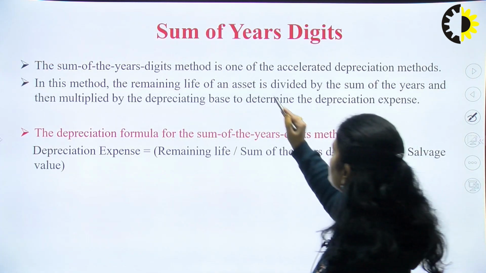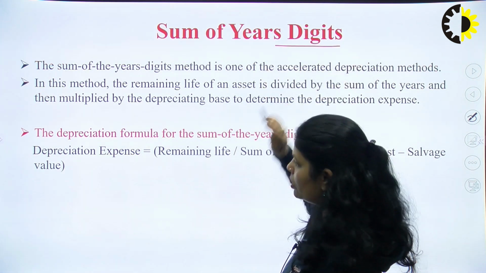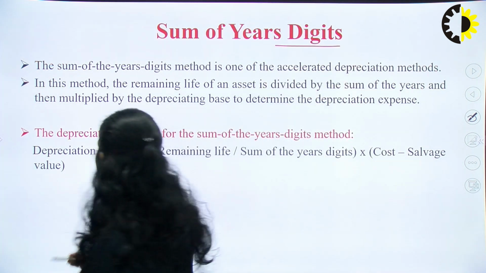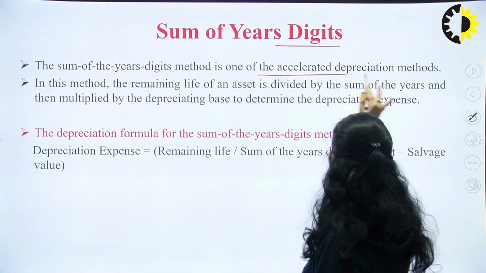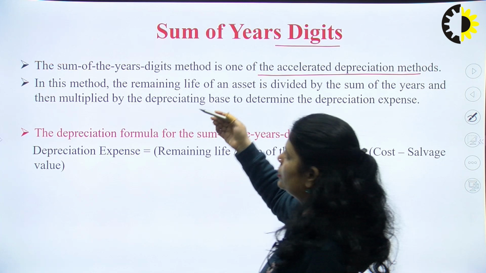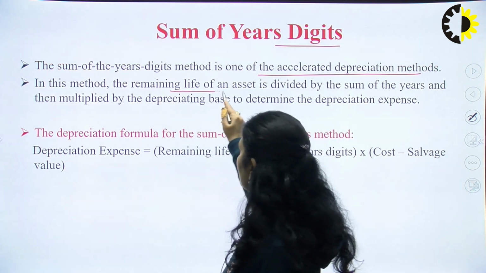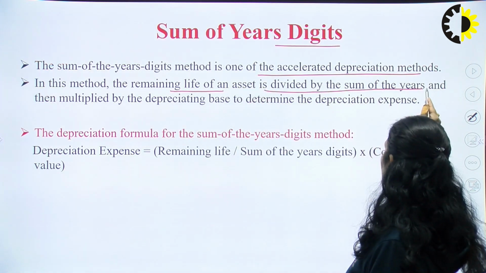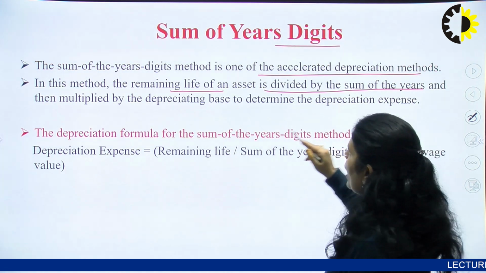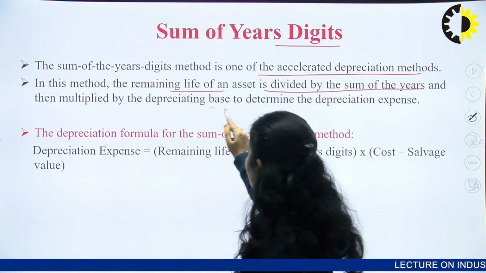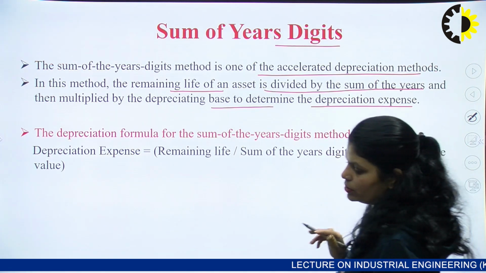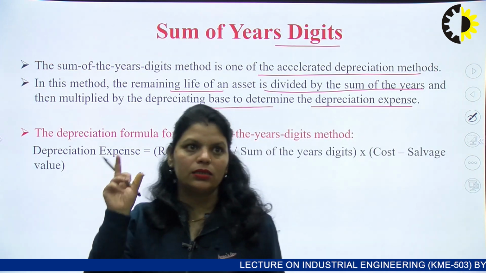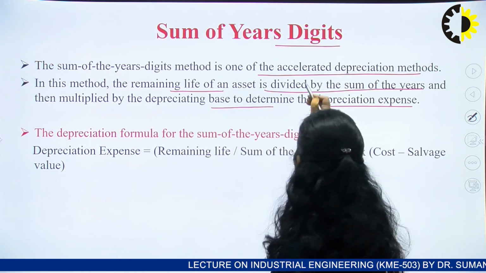Now we come to the sum of years digits. Sum of years digits is one of the accelerated depreciation methods, and in this method the remaining life of an asset is divided by the sum of the years and then multiplied by the depreciable base to determine the depreciation expense. As its name suggests, sum of the years.